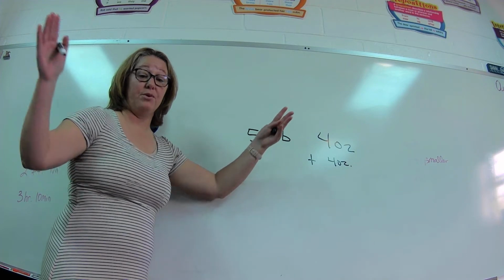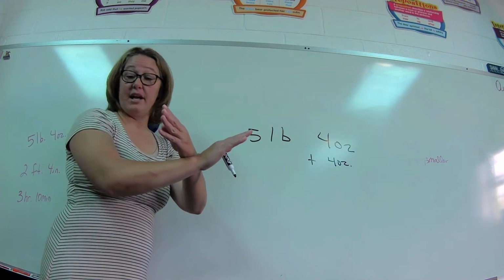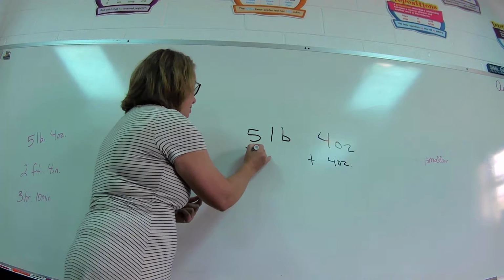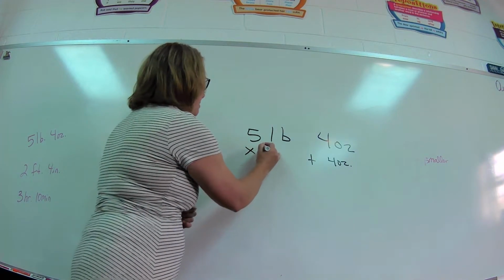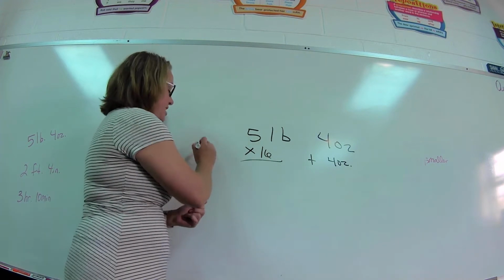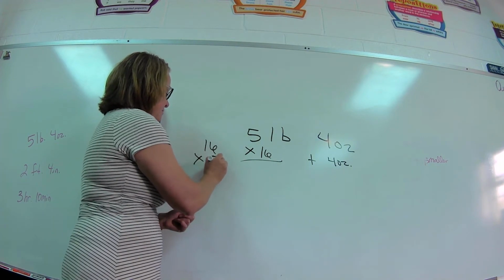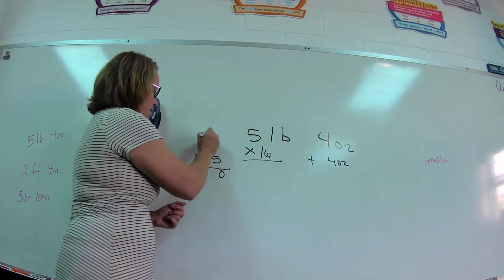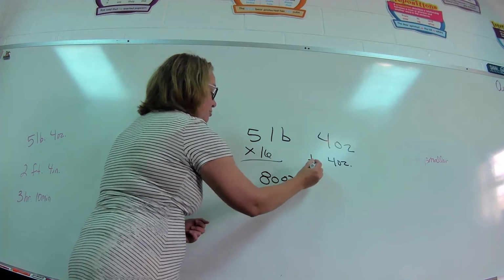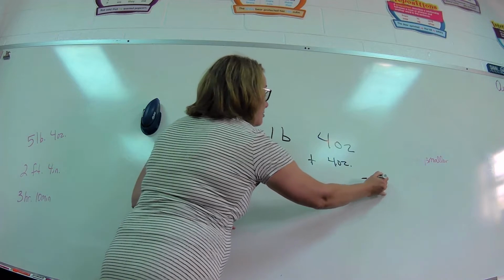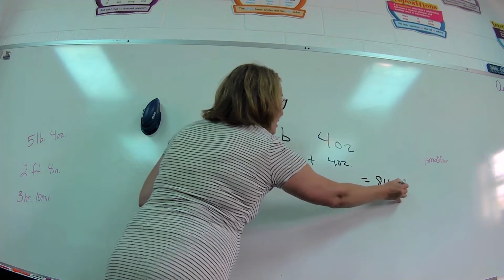Do we remember that rule? When we go large to small, we have to multiply. So how many ounces are in a pound? 16. So now we need to do 5 times 16. That gives me 80. So this is 80 ounces plus my 4 ounces, which gives me 84 ounces.